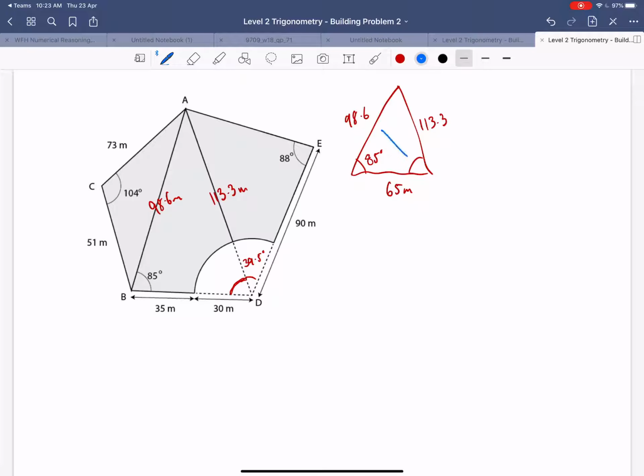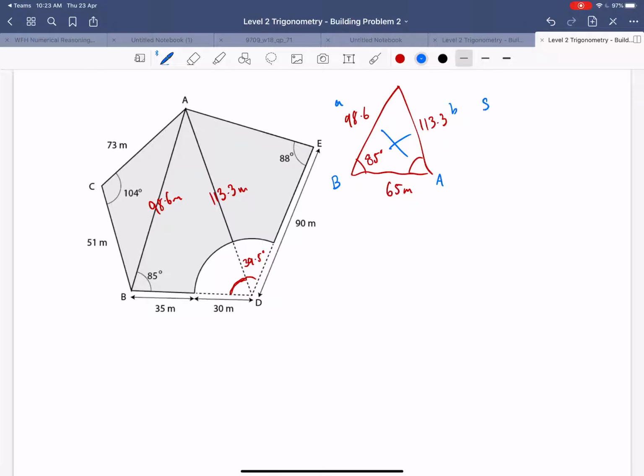I need a side opposite an angle, and a side opposite an angle, and that will allow me to use the sine rule to find the angle there. So let's call my unknown angle A, side opposite A, other angle B, side opposite B. So I'm going to be using sine A over a equals sine B over b again.